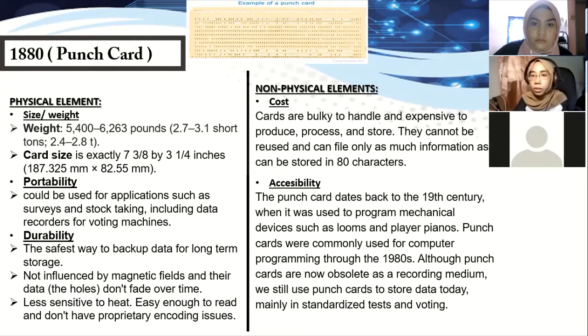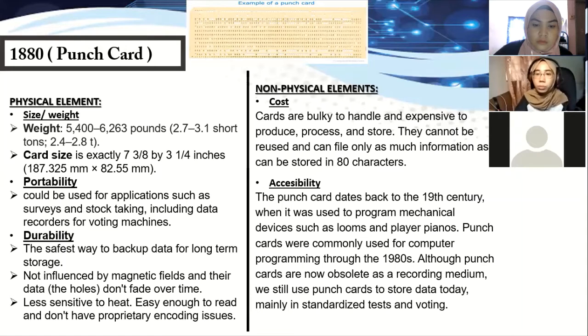So for accessibility, the punch card dates back to the 19th century, when it was used to program mechanical devices such as looms and player pianos. Punch cards were commonly used for computer programming until 1918. Punch cards are now obsolete as a recording medium.